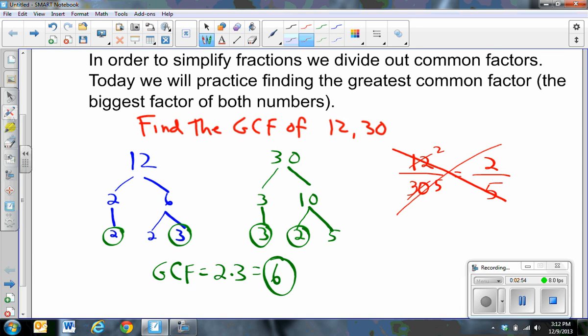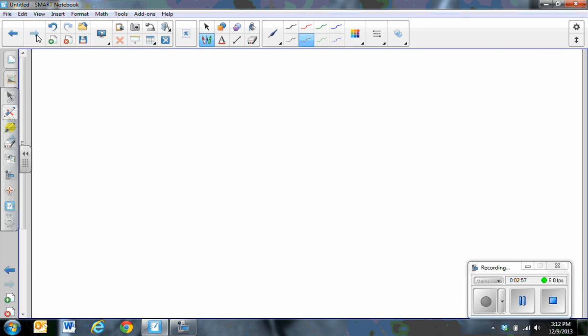Okay? I'm going to show you another way to do it, the way your book does it. They would take 12 and they would sort of do it in their heads. They'd say, okay, 2 times 6, but I know 6 can be written as 2 times 3. And then 30 is 2 times 15, but 15 is 3 times 5. Okay?